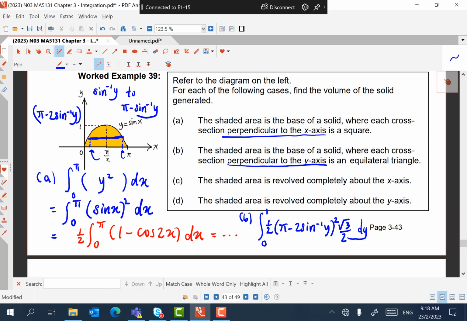Yes, it is. There's an error in the book.